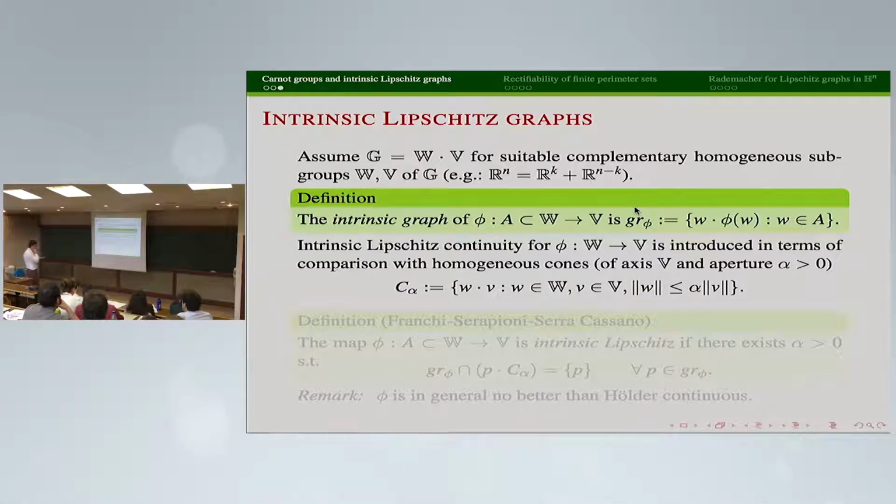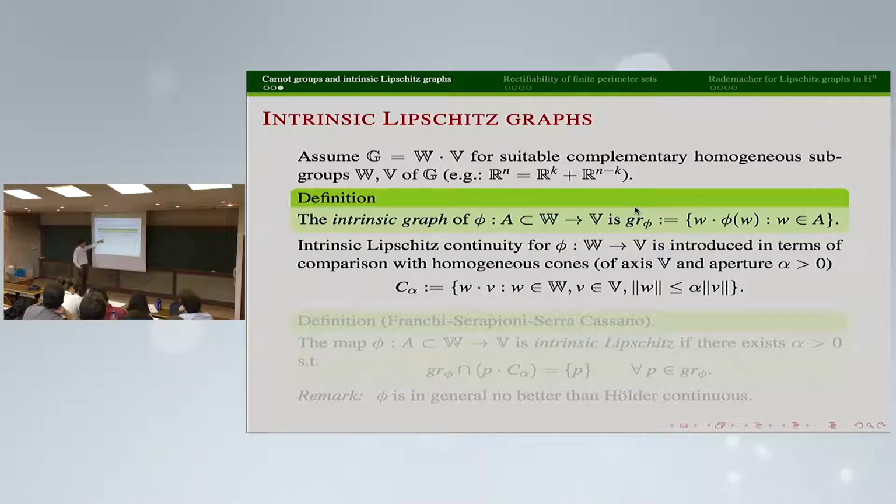And we want to speak about Lipschitz continuity for such maps from a subgroup to another. And the notion of Lipschitz continuity for such maps is introduced in terms of comparison with homogeneous cones. So let me introduce the cone.